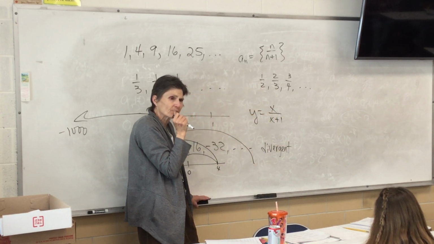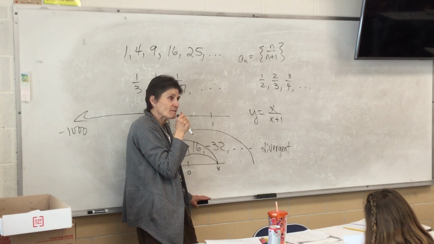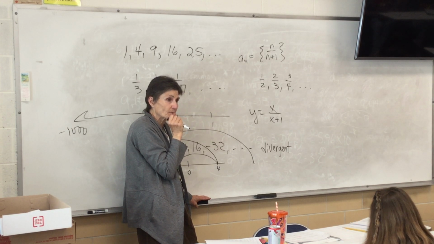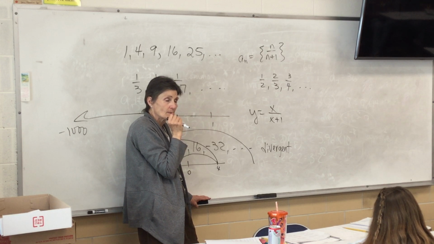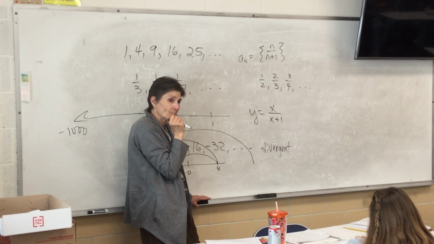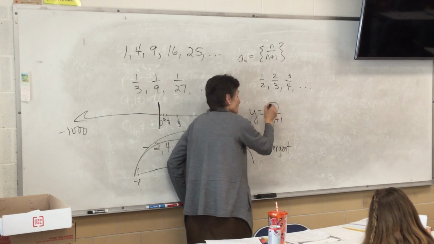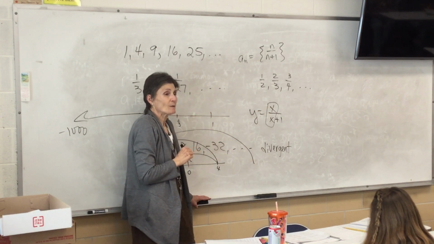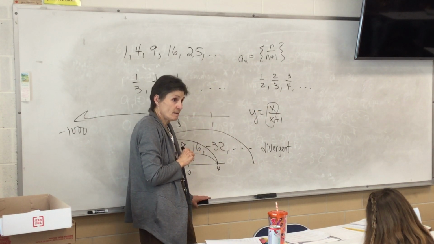What would you say? How do we find horizontal asymptotes? Do we compare the highest powers of the variable? Yeah. So when we have x over x, that's 1.